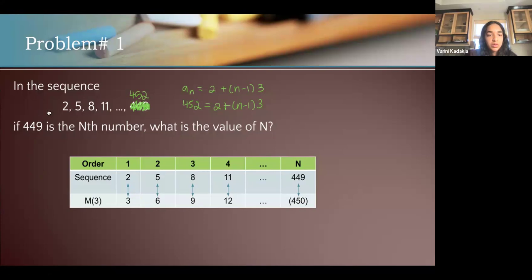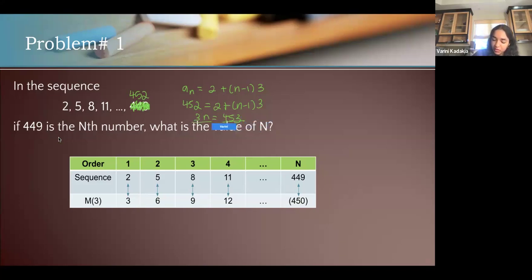Can you show us an example? The answer is n is equal to 453. We get 3n equals 453. Now what should we do? We should divide by 3, right?